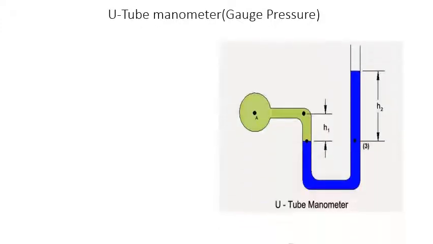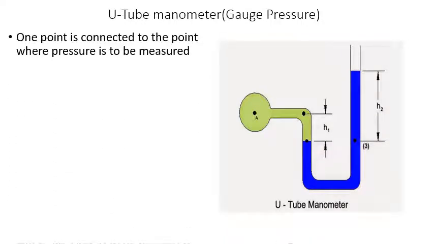The second type of manometer is the U-tube manometer. In case I want to measure the gauge pressure at point A, a U-tube manometer is connected to the system. One end is connected to the point where pressure is to be measured, that is point A. The other end of the U-tube manometer is open to atmosphere.